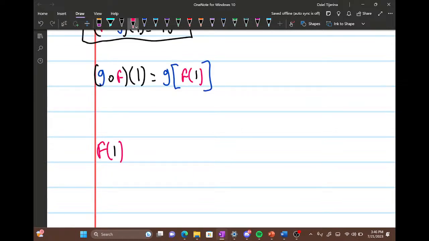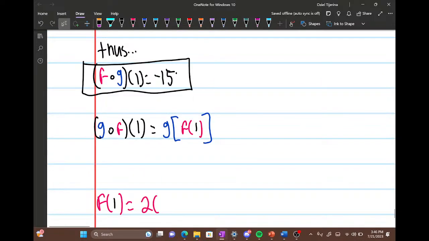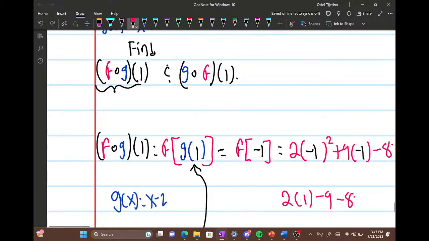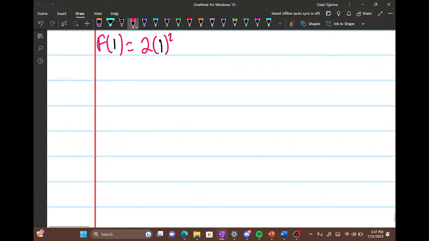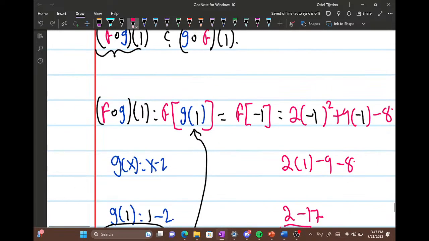So f of 1, we know that's going to be 2 times 1 squared, plus 9 times 1, and then minus 8.